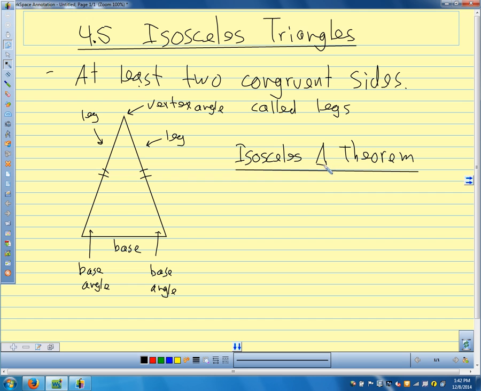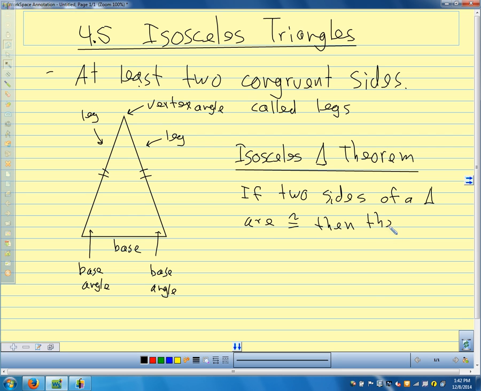The isosceles triangle theorem says if two sides of a triangle are congruent, and the way we've done it before is we said if these two sides are congruent, what do we know about these two angles? They must be congruent. If two sides of a triangle are congruent, then the angles opposite them are congruent also.